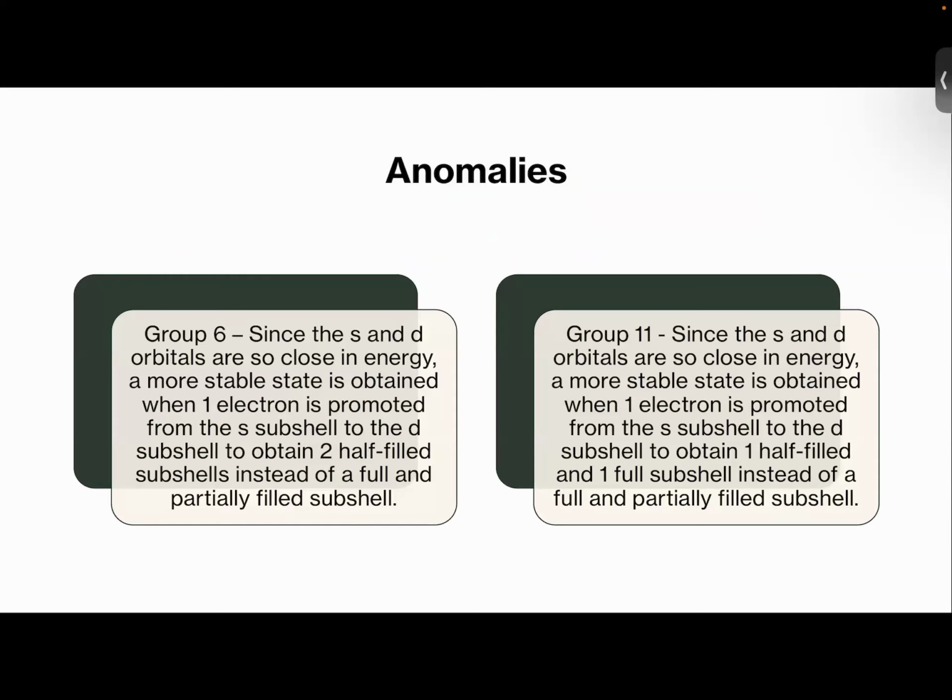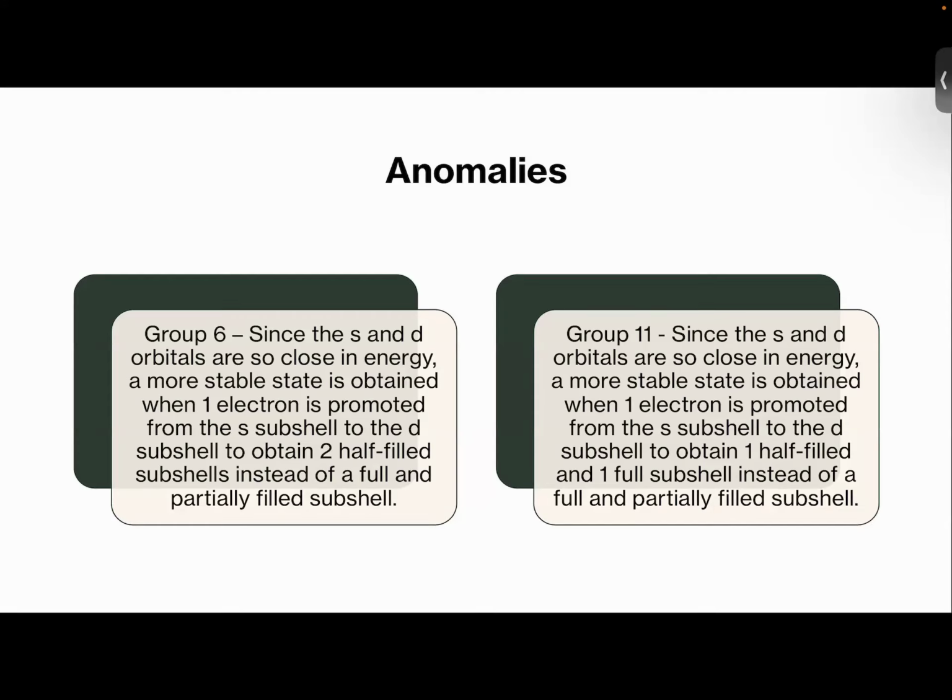Now, anomalies. There are anomalies scattered throughout the entire periodic table, but there are two groups whose elements are all anomalies and they all behave the same. They are group 6 and group 11.